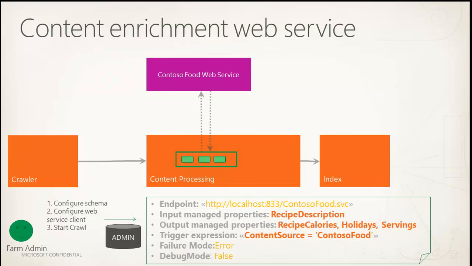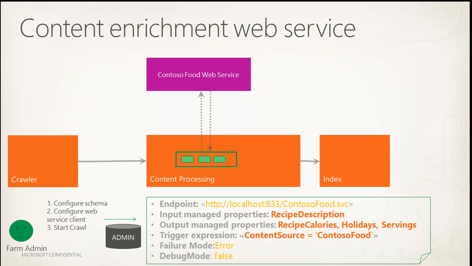So the web service can output properties that are not present on an item, but they have to be defined in the search schema. And for the input, anything that the web service needs to consume has to be a managed property. So this is maybe one of the main changes from the way pipeline extensibility worked in Fast Search for SharePoint. You need to take your crawl properties and map them to managed properties before they can be consumed by the web service.